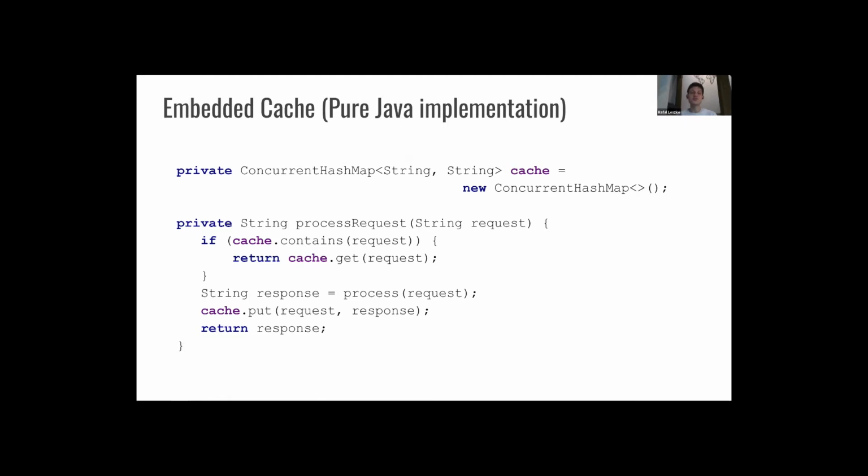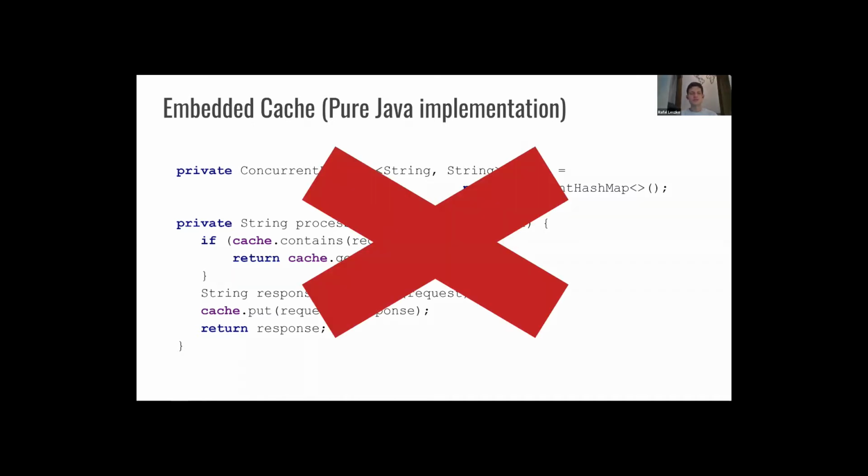If yes, return the cached value. If no, do some business logic, then put the value into the cache and return the response. So you could implement simple caching on your own using standard collections, but you better not do it.